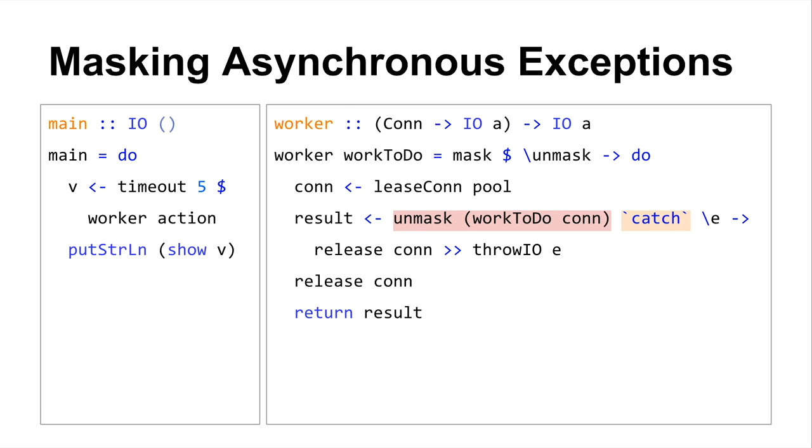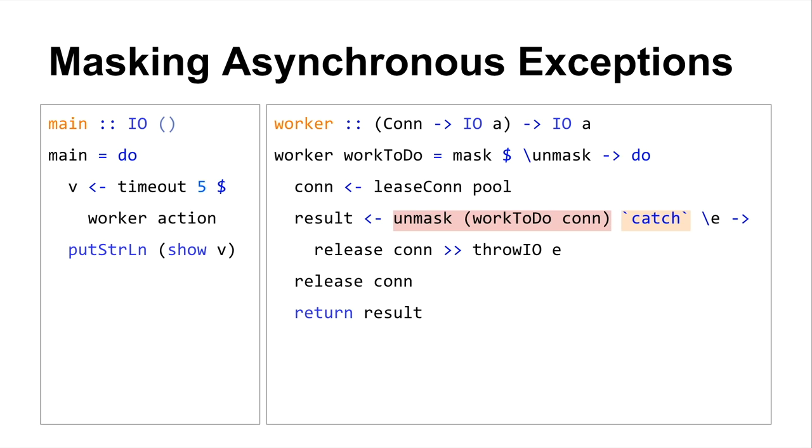So the use case you were describing was that in this case now, we would still have a chance to release our resources even if the exception happened. Yeah, exactly. Let's say that this little guy timed out and signaled to this little guy that it was time to be done. The asynchronous exception would be raised when I unmask.